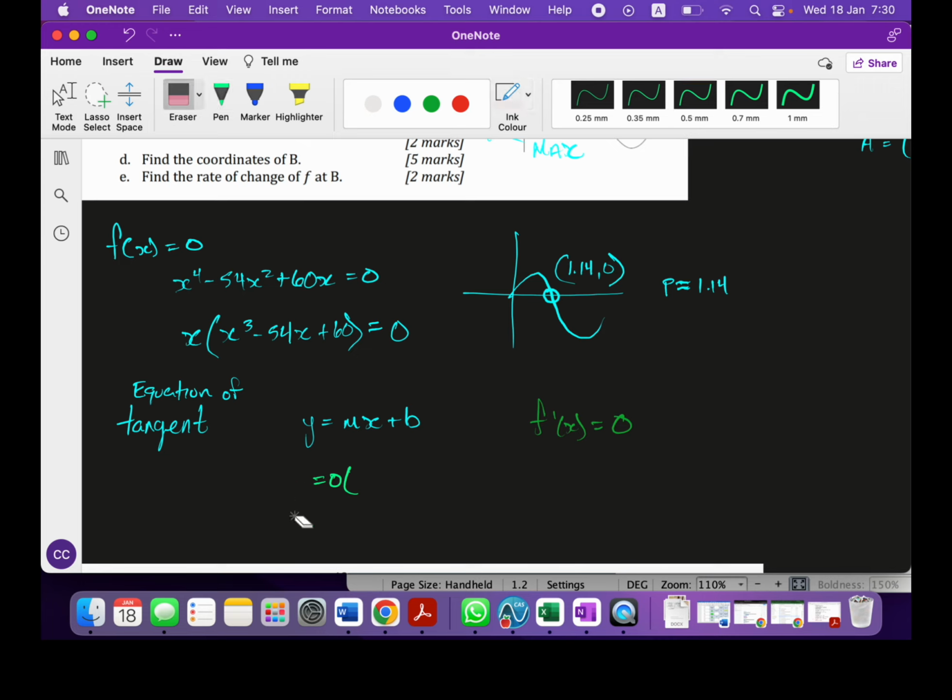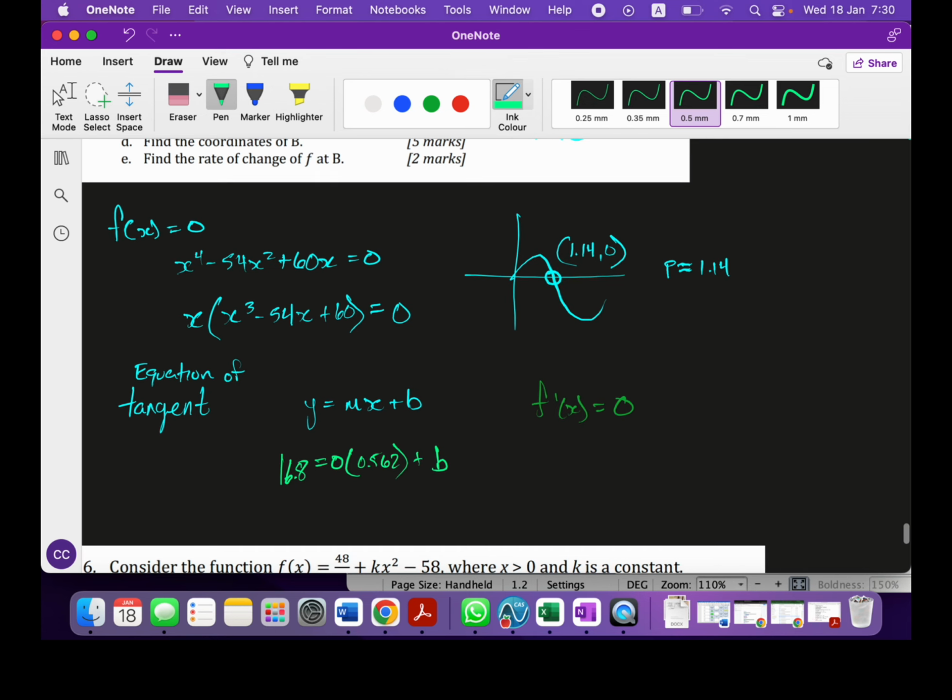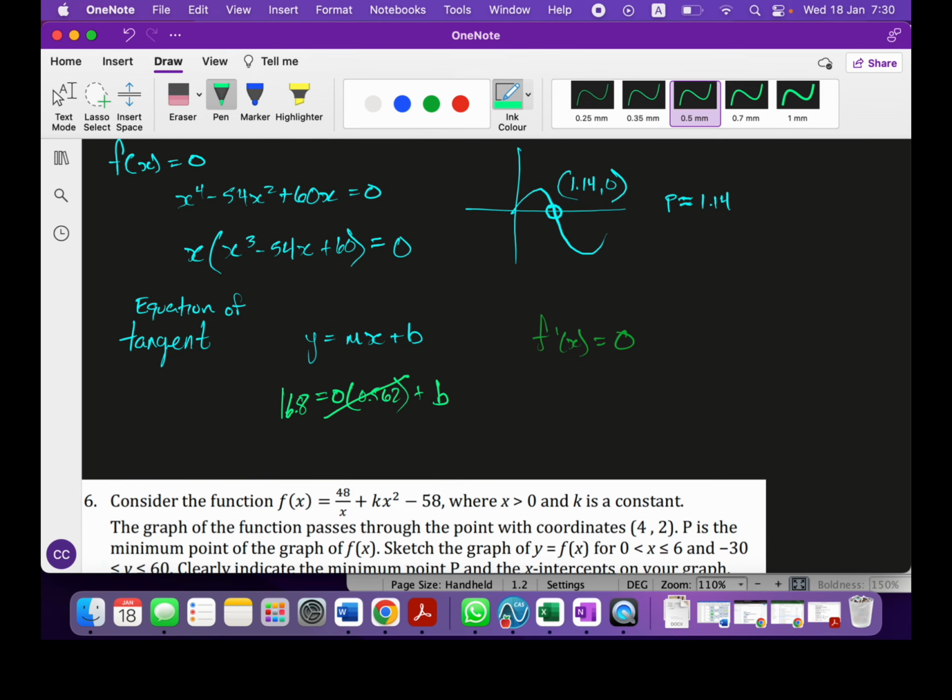Oh, sorry, my y was 16.8, so plus b has to be 16.8. Well, this all cancels, so we find that b is 16.8, so my equation becomes y equals 16.8.